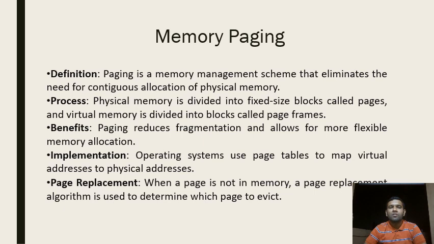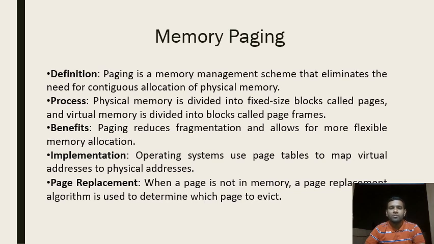The benefits of paging: it reduces fragmentation and allows for more flexible memory allocation. Implementation: operating systems use page tables to map virtual addresses to physical addresses. Page replacement: when a page is not in memory, a page replacement algorithm is used to determine which page to evict. This is all about memory paging.